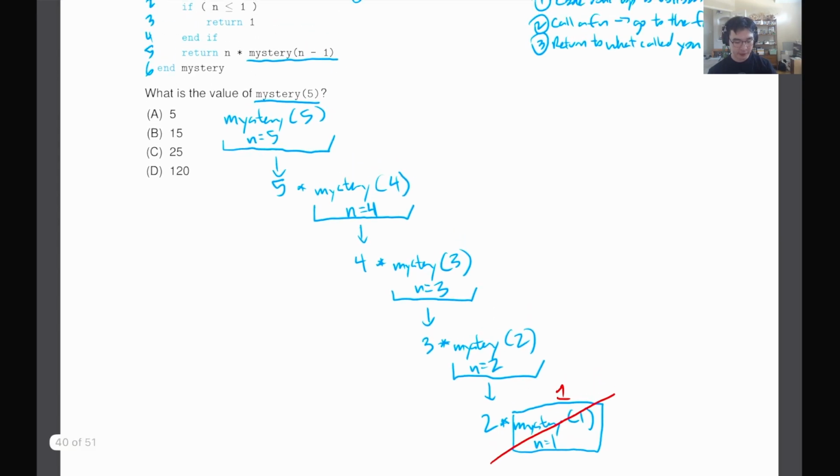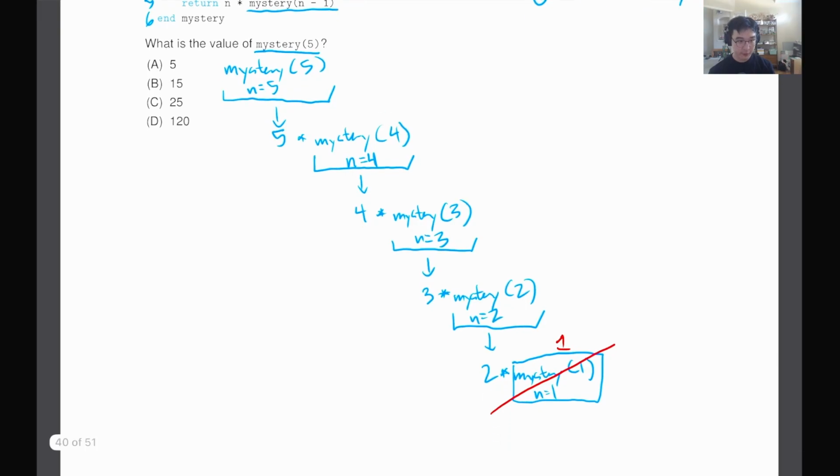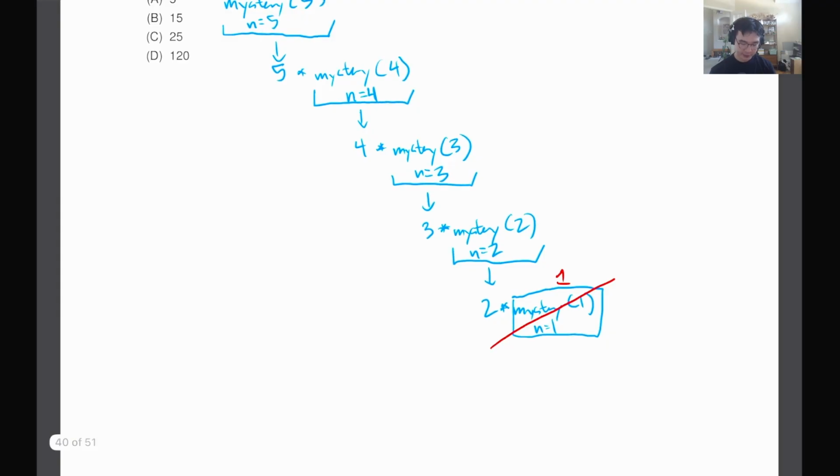And it returns to line 5, right? That is when we called return n times mystery n minus 1, which if you look down here, that was 2 times mystery 1. We now know mystery 1 is a value of 1. So I can replace that mystery 1 with a value of 1. And now I do 2 times 1. What is 2 times 1?